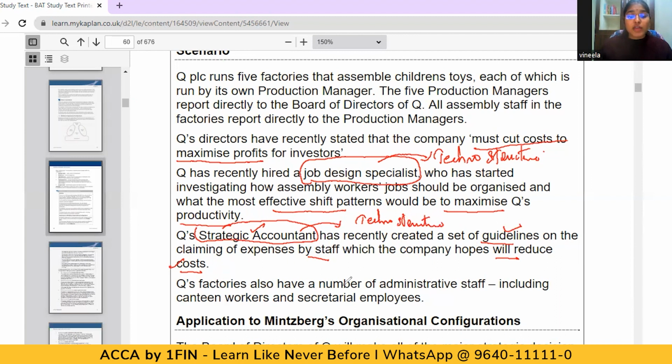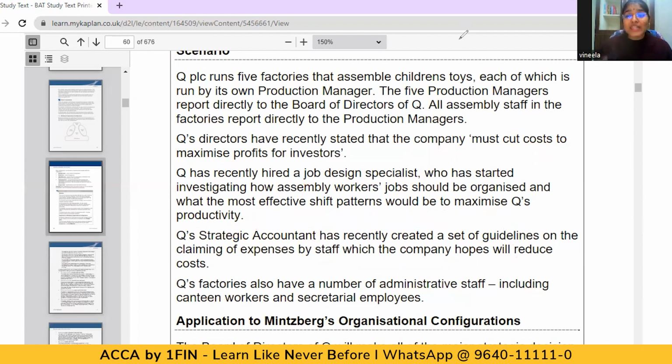Q factories also have a number of administrative staff, including canteen workers and secretarial employees. The canteen workers and secretarial employees are the people who will provide you with administrative support, whom you will call support staff. If you see the question, it is quite clearly explained at every level in the organization.